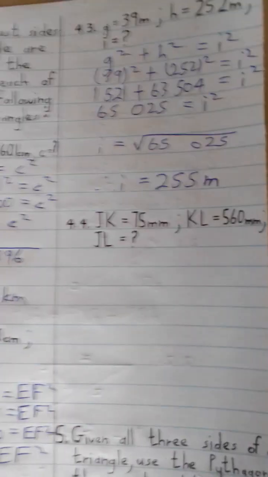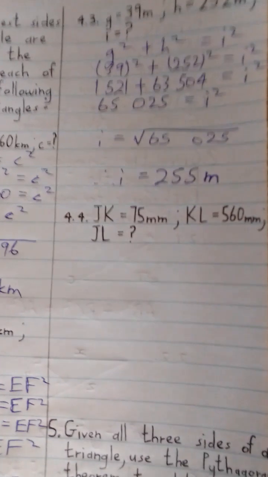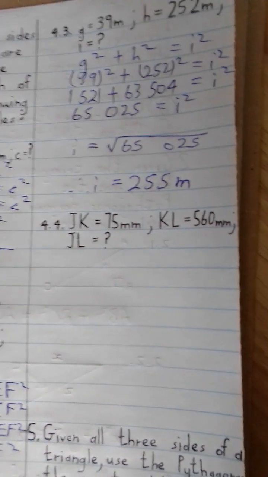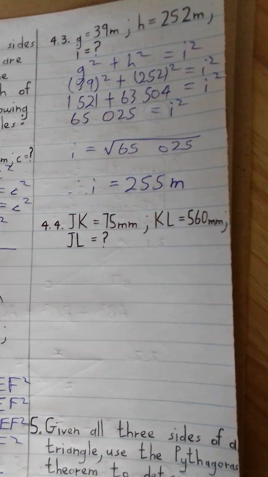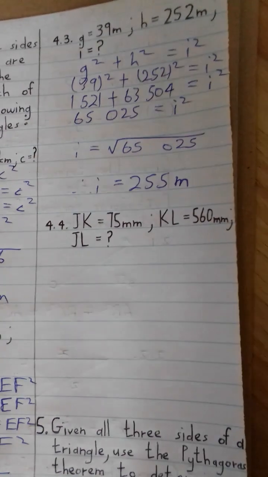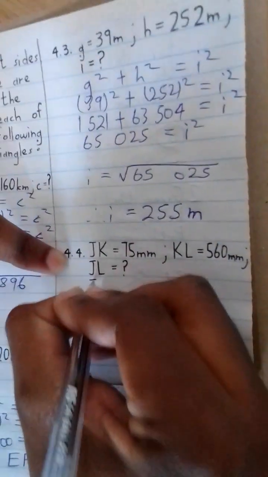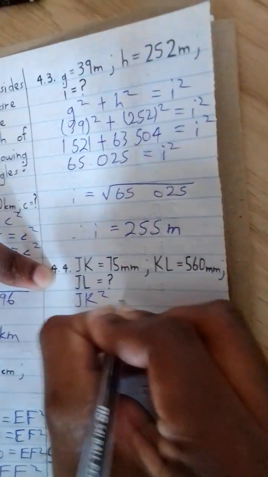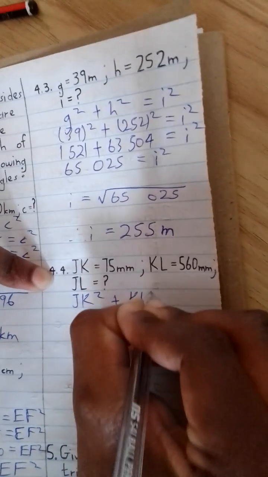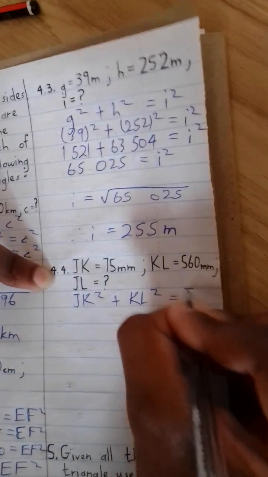4.4 JK is 75 millimeters, KL is 560 millimeters, JL is unknown. Okay, so it's going to be JK squared plus KL squared is JL squared.